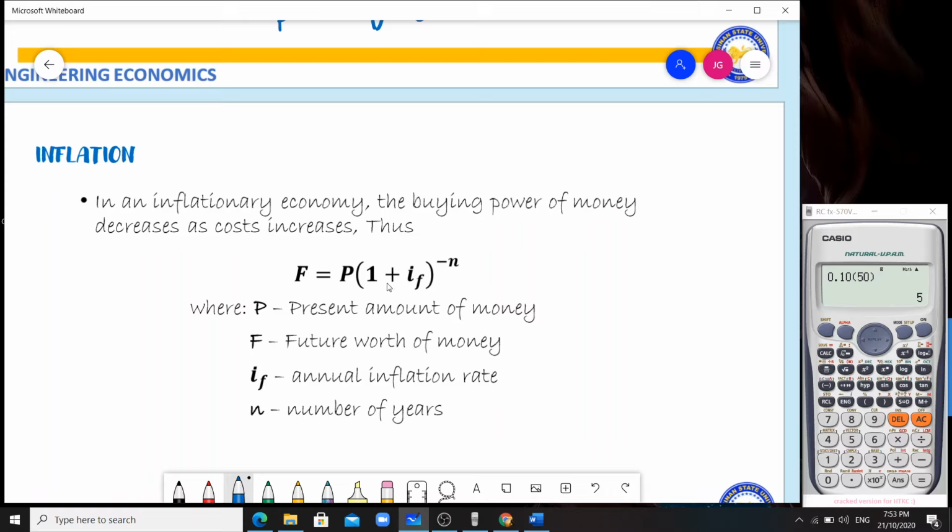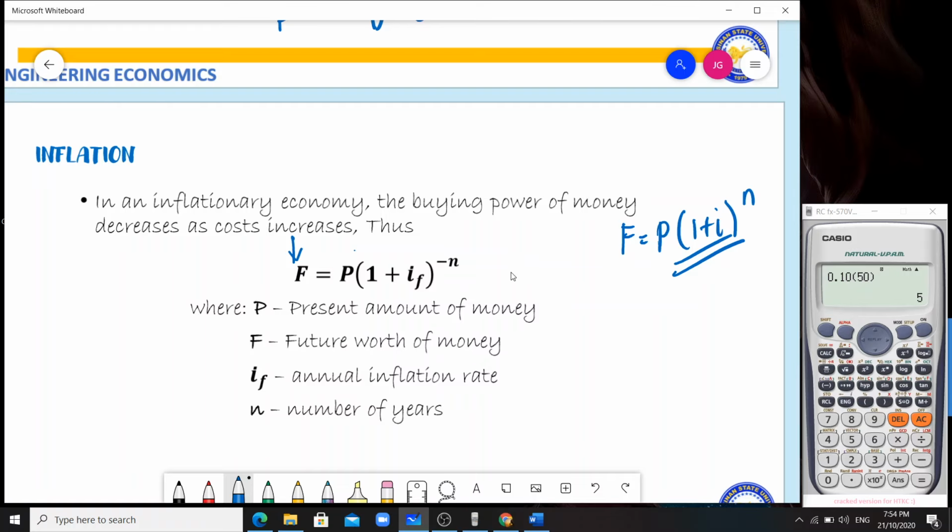So, the value of money goes down. What happens is the future worth of your money equals P times 1 plus I, the inflation, raised to negative N. It's kind of reversed. Usually the formula in compound interest is F equals P times 1 plus I raised to N. Here it is reversed. With inflation, your future value is lower than your present value. The value of your 1,000 today is higher than its value after a year.